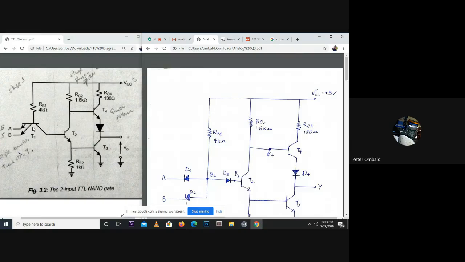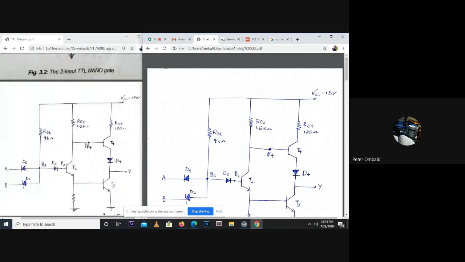It's two transistors in one. So T1 consists of two transistors in one, double emitter, and the bases and the collectors have been put together. This is the diagram of the TTL NAND gate, and down here is the same diagram but broken down in terms of its diodes.